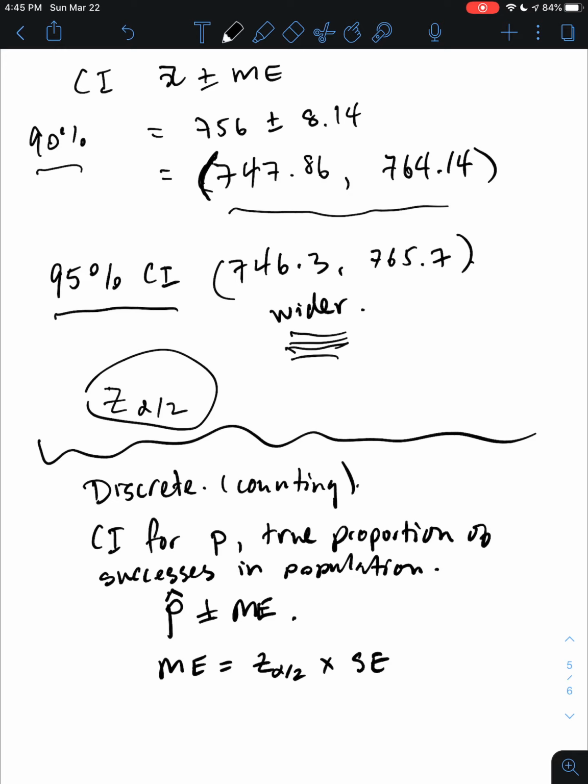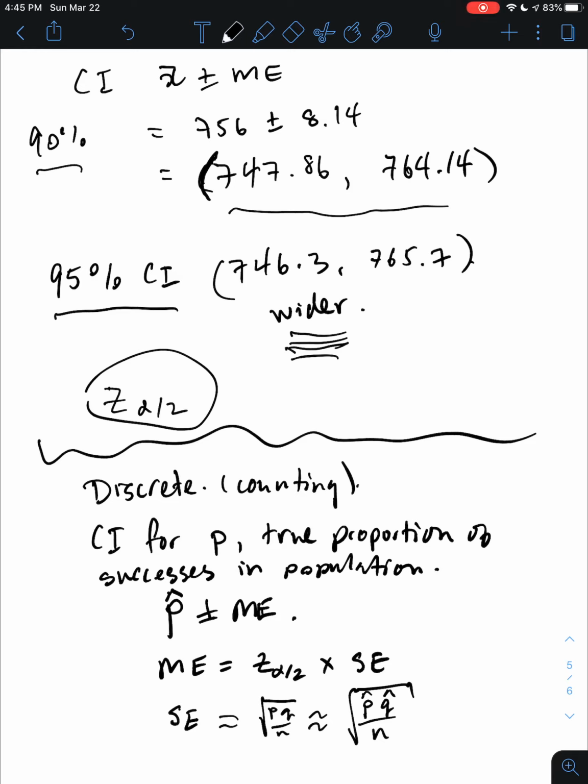The z sub alpha over 2 depends on the confidence level, 90%, 95%, 98%, 99%, whatever. Finally, SE, the formula for proportion questions, is as it was in 8.2. It is the square root of PQ over N, and that is approximately equal to the square root of P hat Q hat over N.